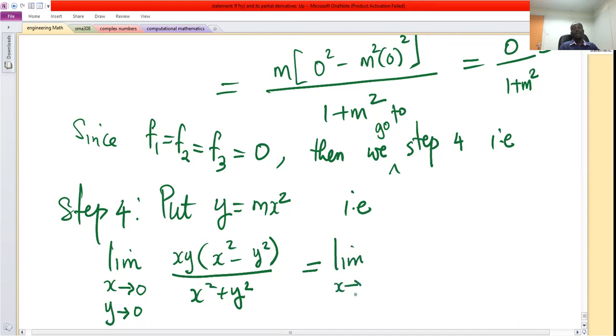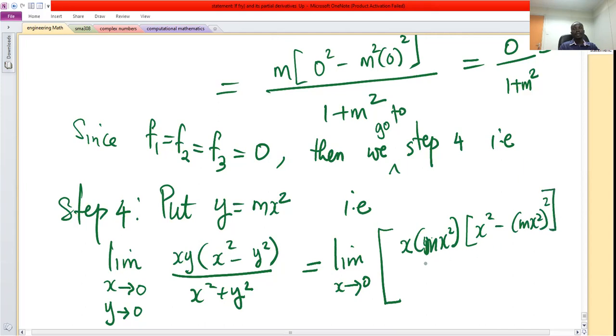Now we'll only have x, and then here we have y as mx squared, minus (mx squared) squared, divided by x squared plus (mx squared) squared. I'm simply replacing y with mx squared in this function here.